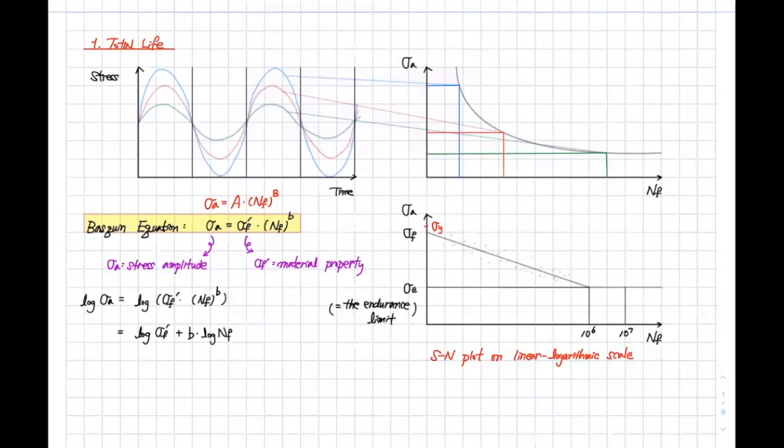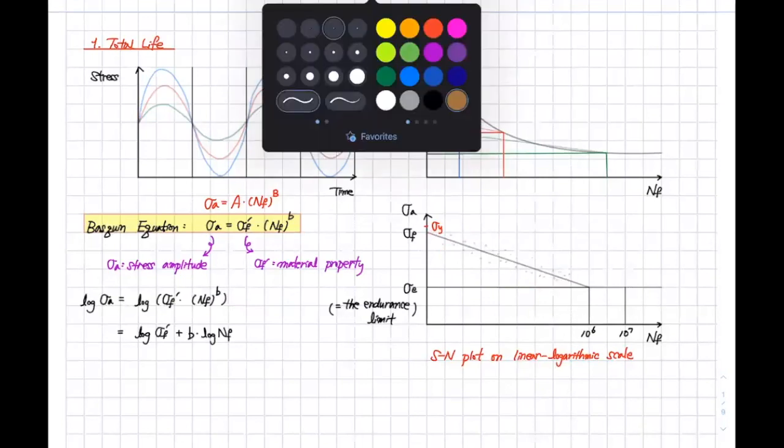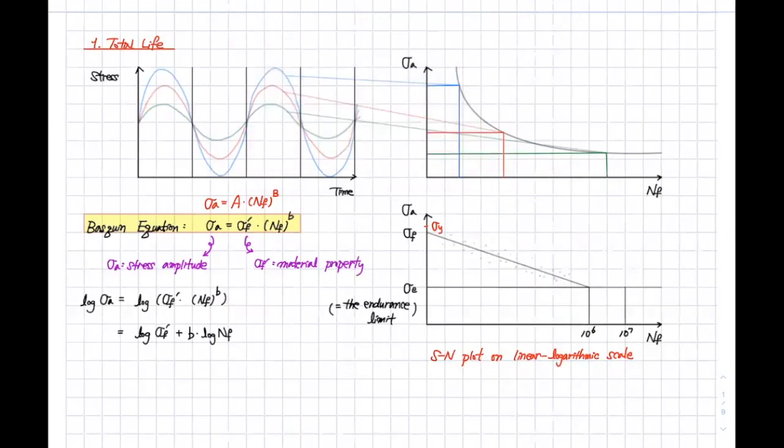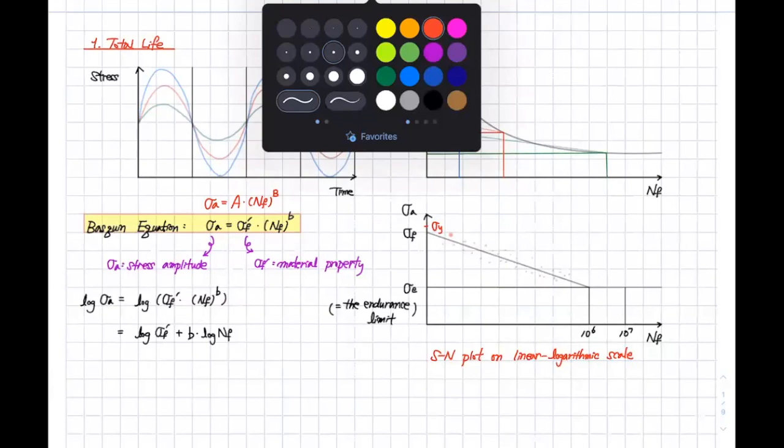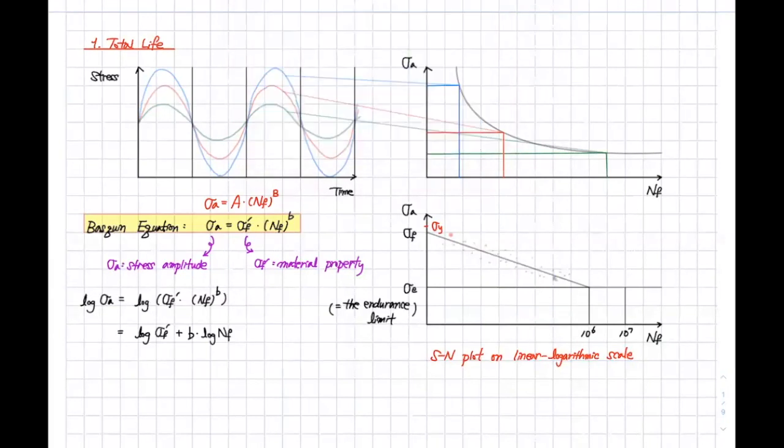Okay, then among these many points, let's choose something like this point, and something like here. Just choose arbitrary points. You can choose here and here, or here and here, but I will just select these two.